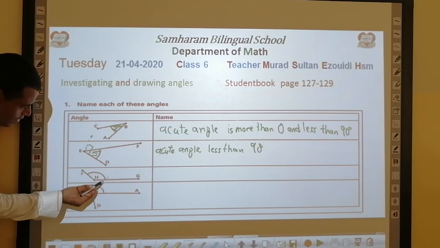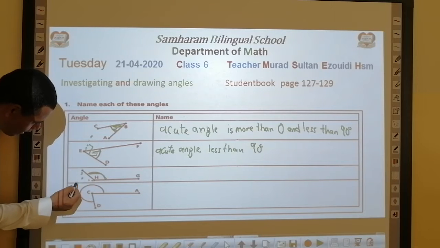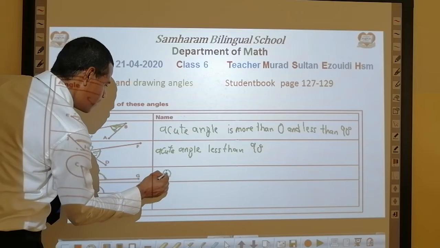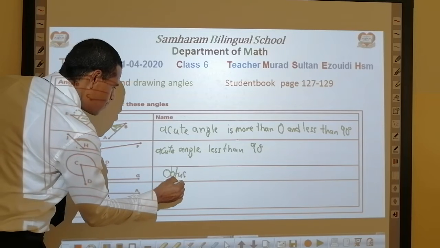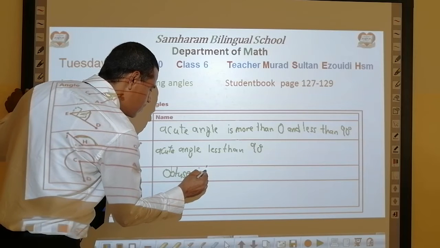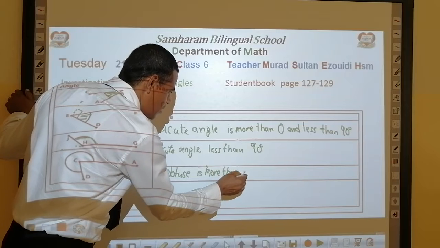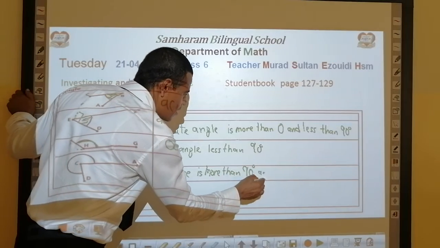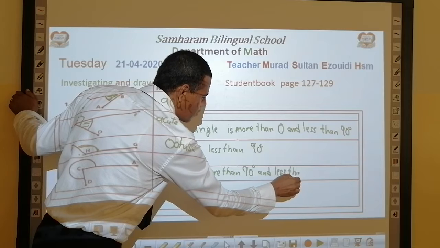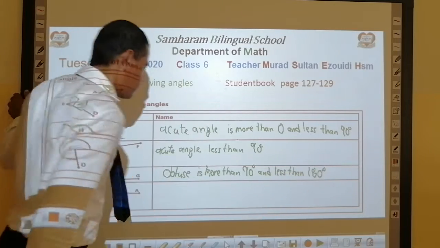And this angle, my kids, is what? This is 180, but it's less than 180. It's called an obtuse angle. Obtuse is more than 90 degrees and less than 180 degrees.